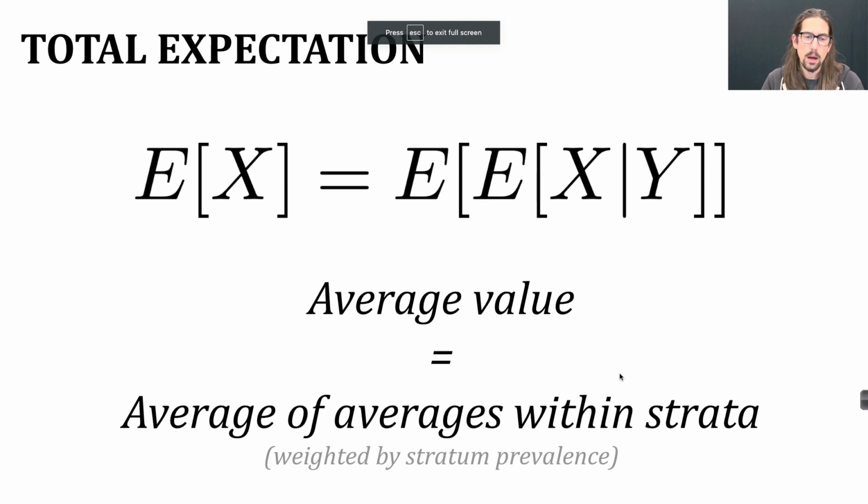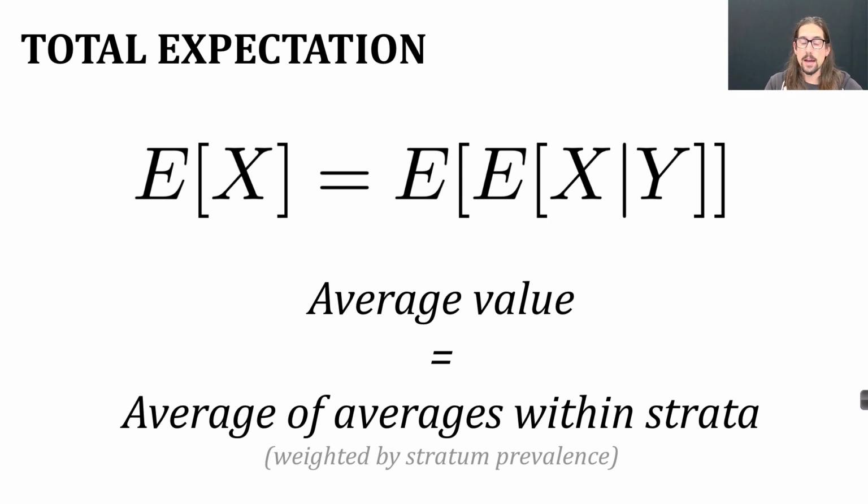Okay. A really important, very, very important idea is total expectation. This takes some practice working with it, I think, to get it under your belt, even though the idea, just actually manipulating it algebraically, is very simple.